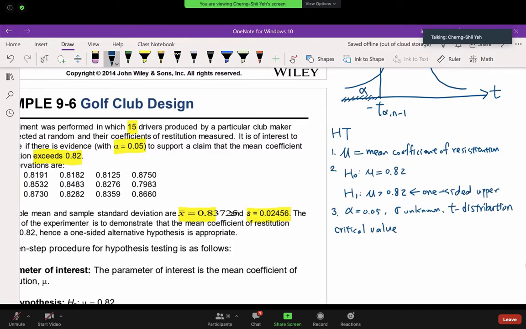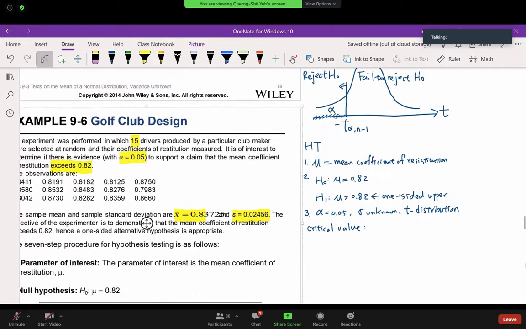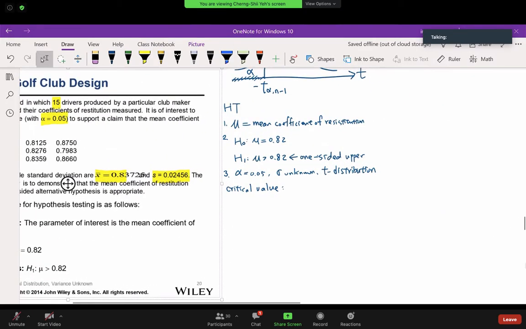This is the first example where we show you how to perform a one-sided test. So the critical value is singular; there's only one critical value. I'm going to start our sketch. This is my t-distribution.